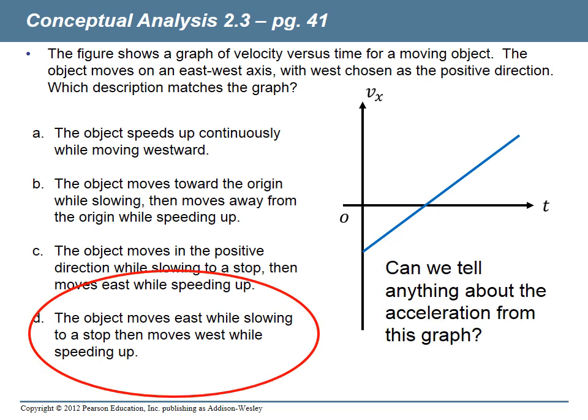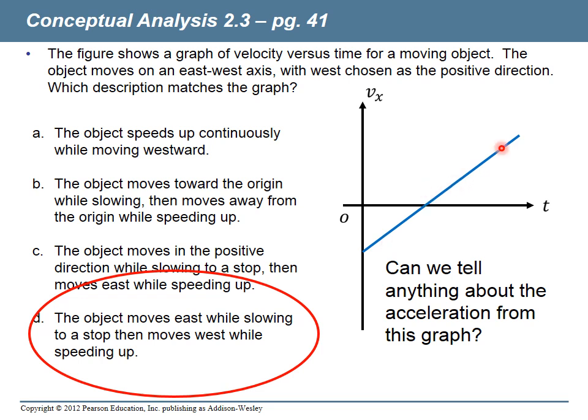Can we tell anything about acceleration from this graph? Well, we know that acceleration is the slope of the velocity versus time plot. The slope here, let's just take this region, is some positive value, maybe positive 1.